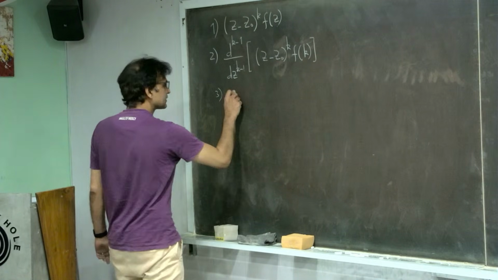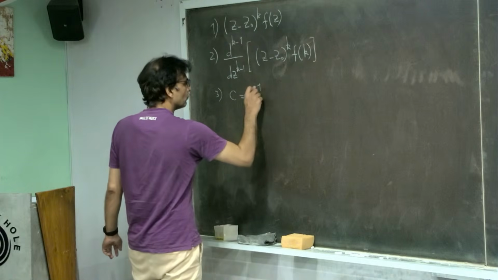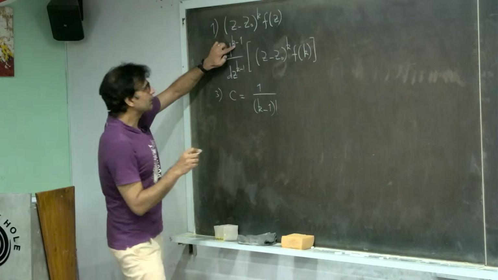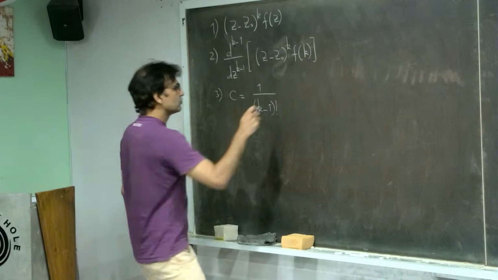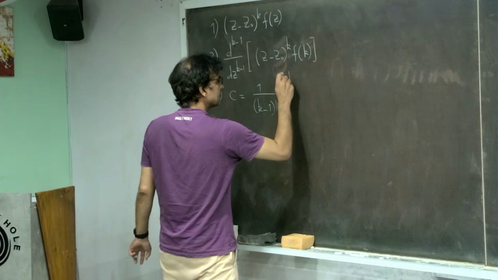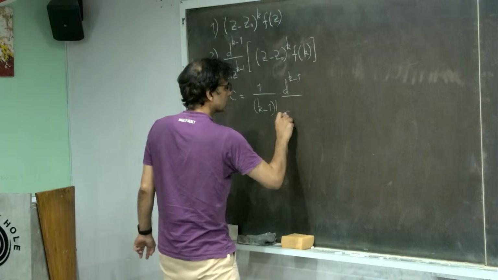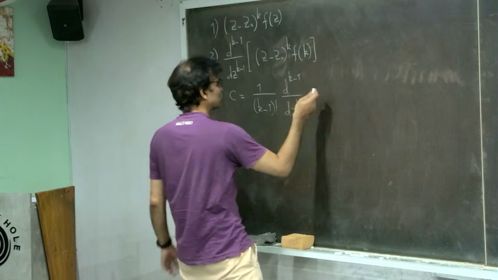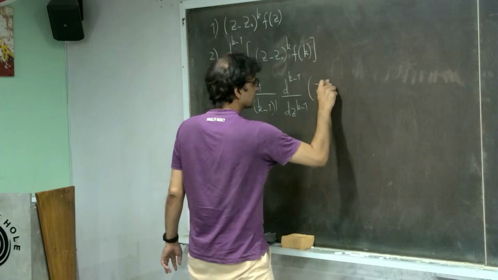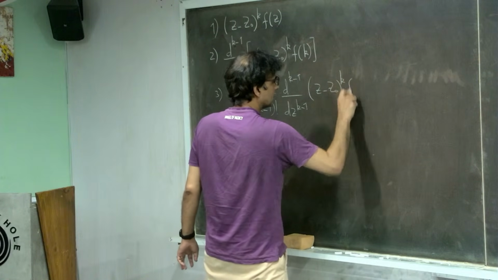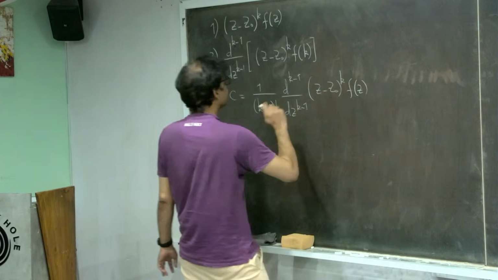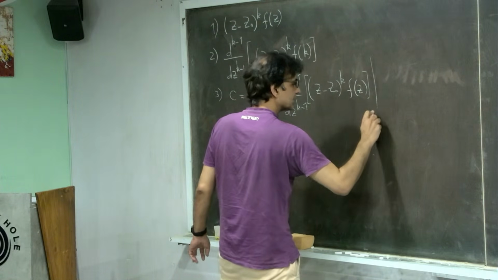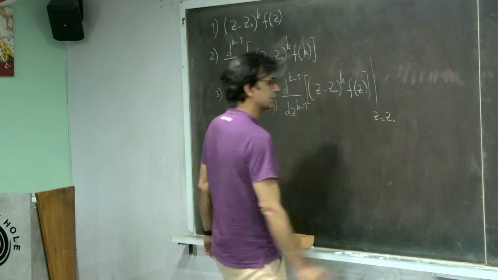So the residue c is basically 1 over (k minus 1) factorial, whatever the power you have over here, times d to the k minus 1 over dz to the k minus 1 of z minus z naught to the power k times f of z, at z equal to z naught.